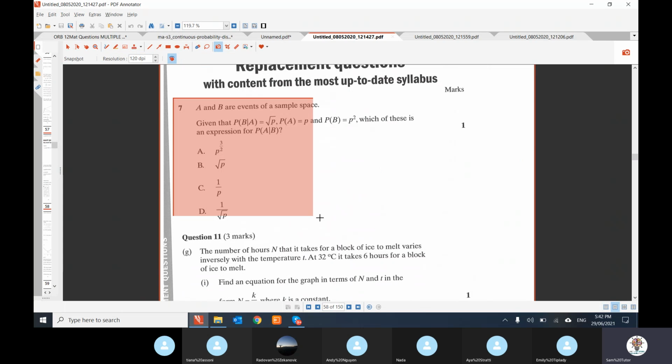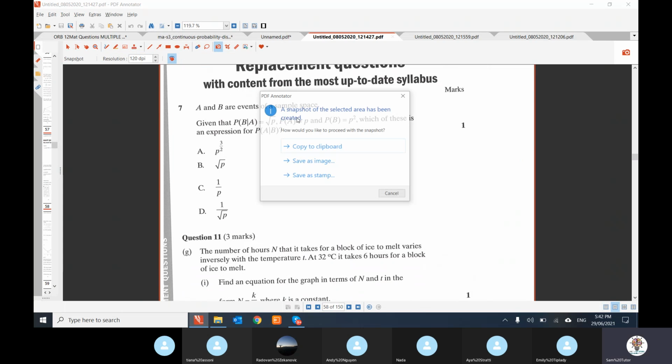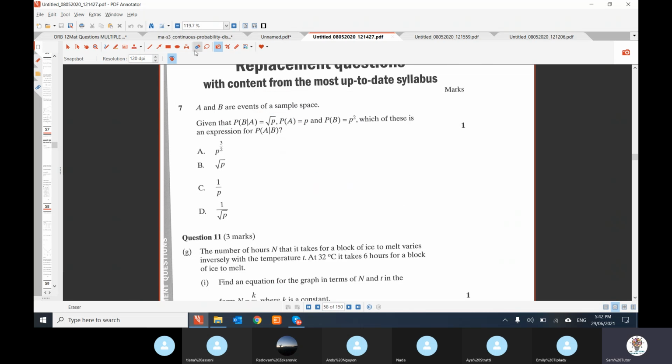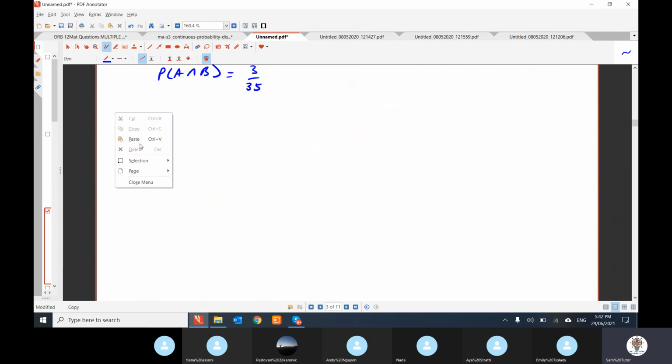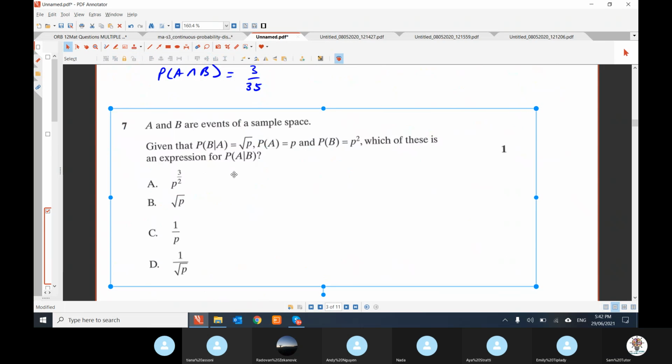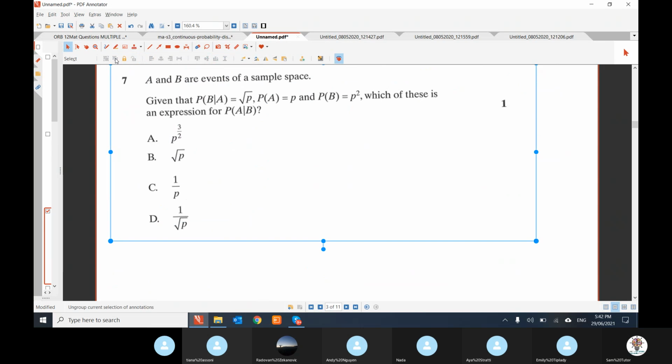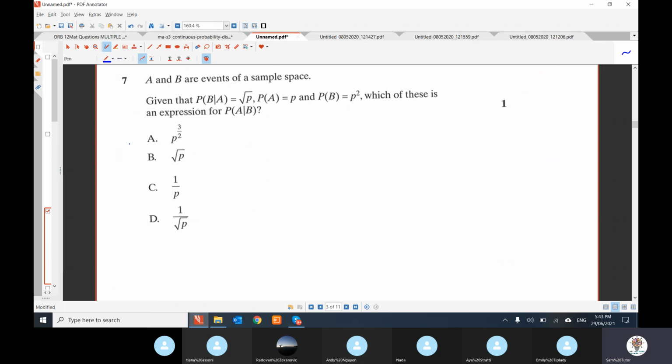All right, let's see what's happening there. A and B are events of a sample space. Given that the probability of B conditional to A is equal to root P, probability of A equals P, probability of B equals P squared, which of these is an expression of probability of A conditional to B?